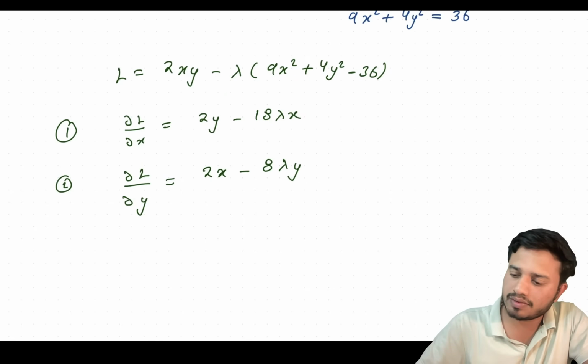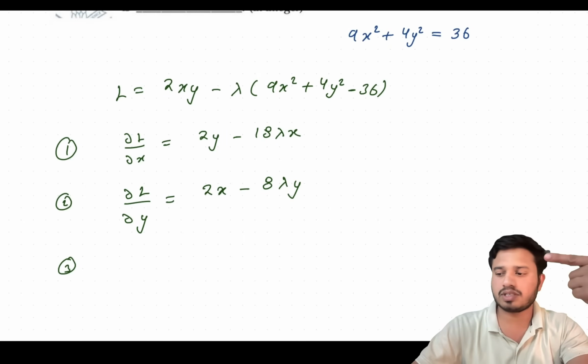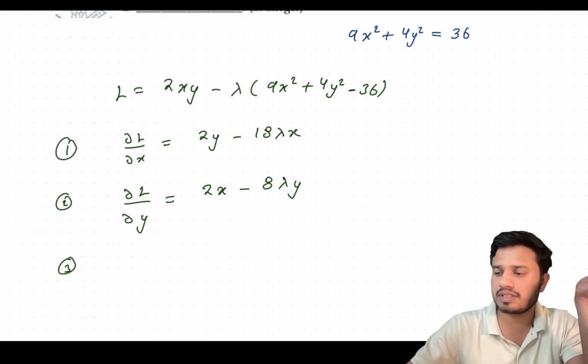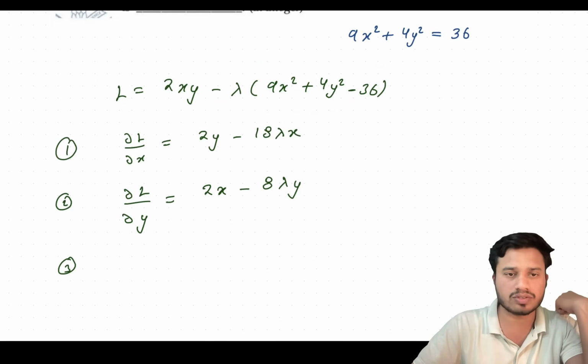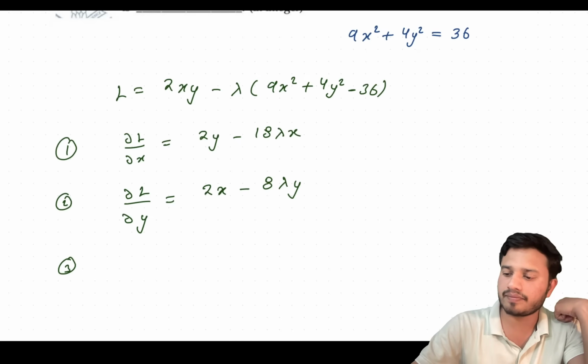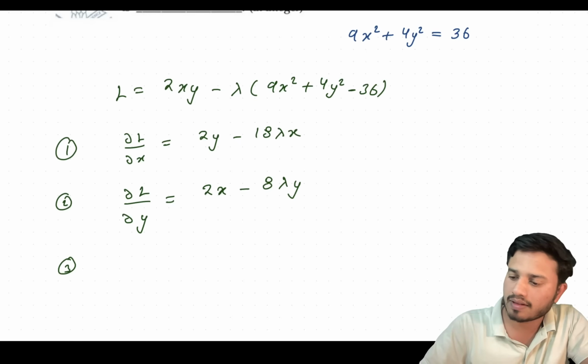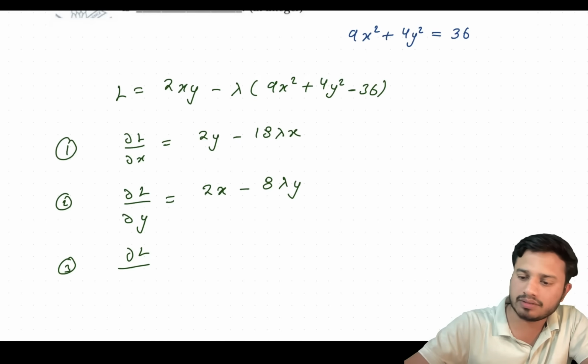The third equation you will get directly, write it from our third equation, was this only. Find it from here. How? Just differentiate with respect to lambda.